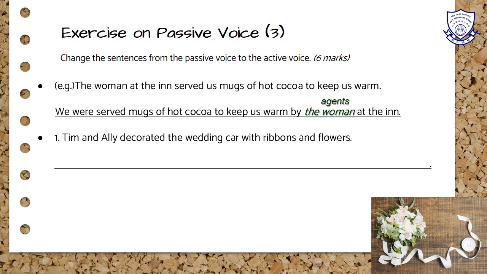So how do we answer this question correctly? First of all, we write down the wedding car, because most of the time, the object in the sentence in the active voice is going to be the subject of the sentence in the passive voice.